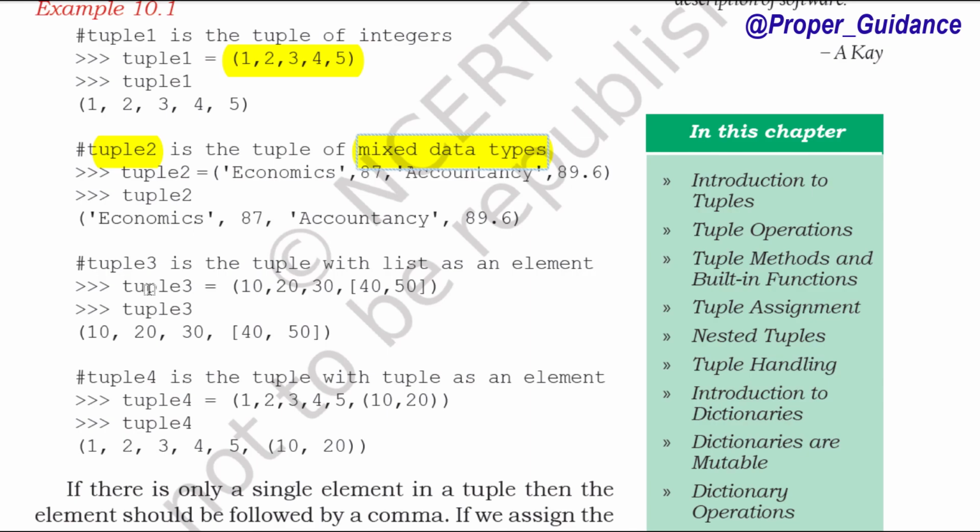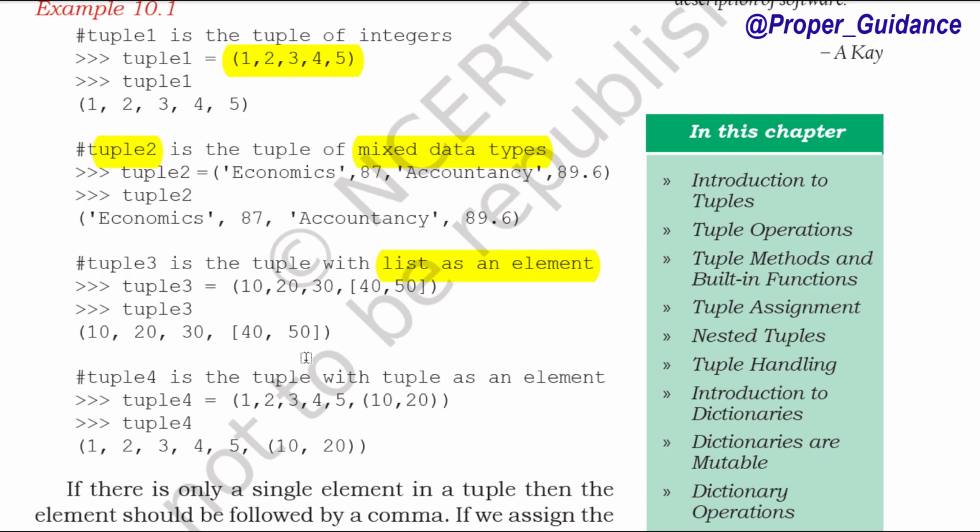And here is another type of tuple. Tuple 3 is the tuple with a list as an element. Okay, dear students, those who are new to my channel, please go through the previous videos where I have already discussed list in the Python programming language. And here, when we are discussing tuple, we can see that in a tuple you can also use a list as an element of the tuple.